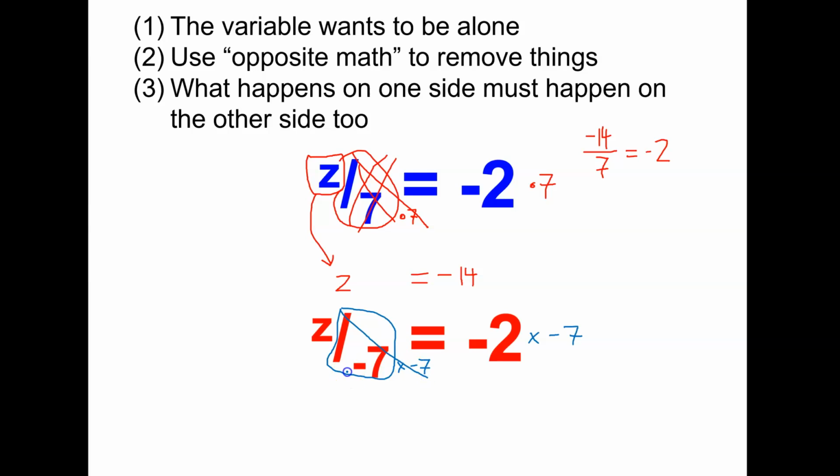These blow each other up. The Z comes down, equals, and then -2 multiplied by -7. A negative multiplied by a negative gives us a positive 14. That's all well and good. Opposite math works here. All 3 of the rules work here.